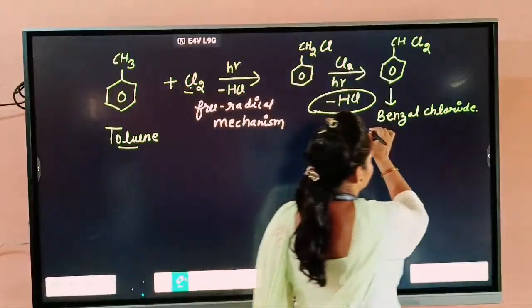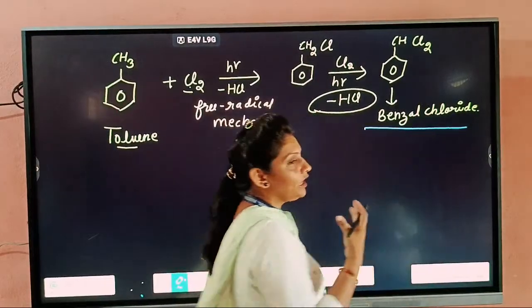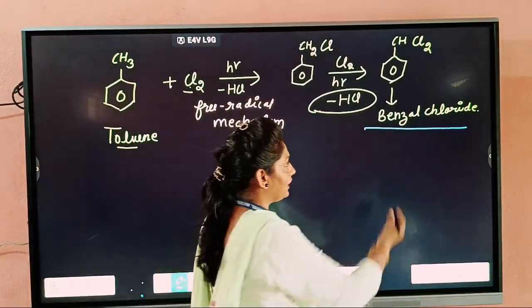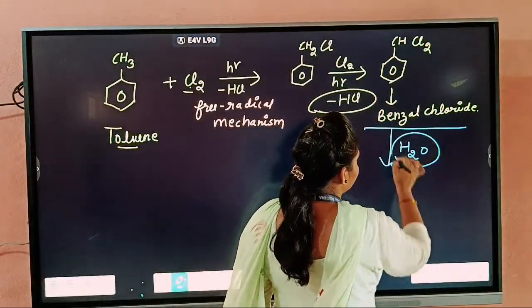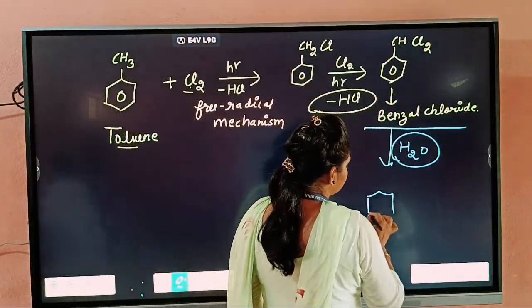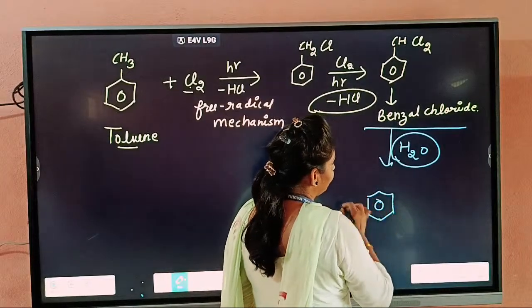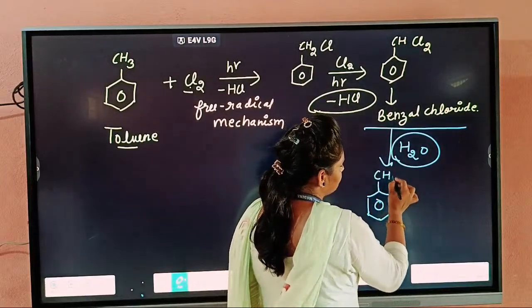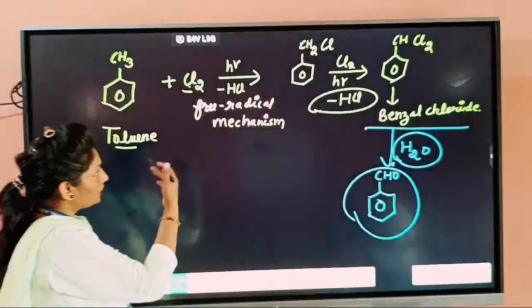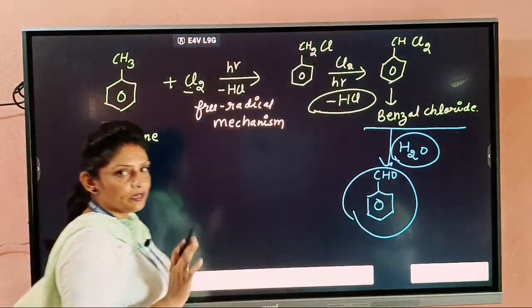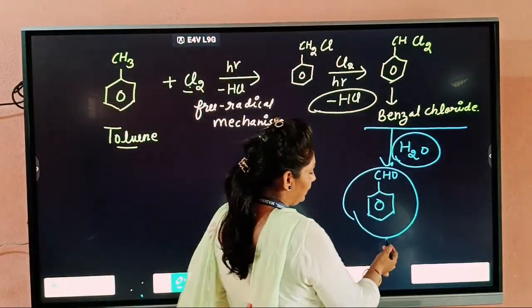After formation of benzyl chloride, we will do the hydrolysis of this, means we will react it with water. Then directly we will get our desired product, that is benzaldehyde. This method is used for the preparation of aromatic aldehyde.